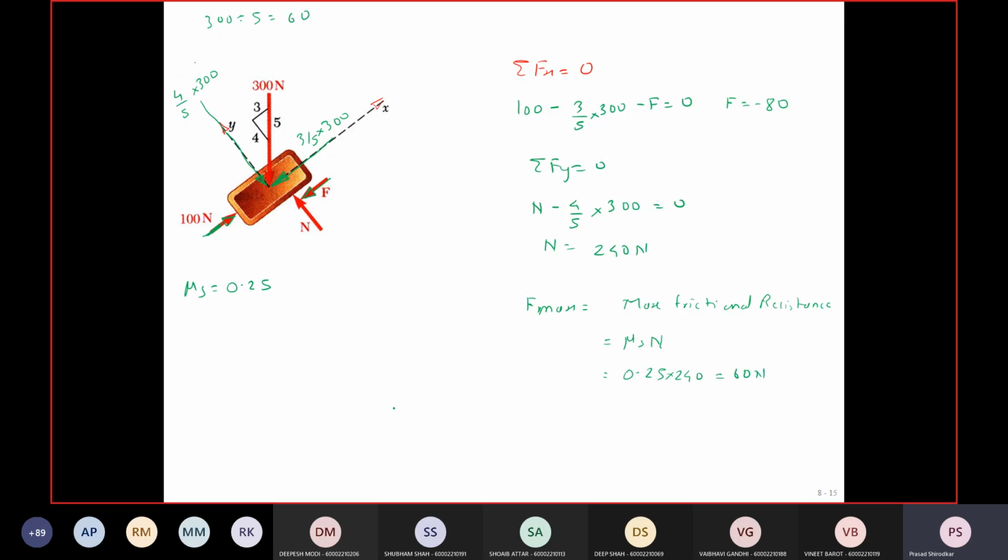So what will happen? Can somebody tell me what will happen? Will the block slide? Yes? No. Why not? See, f is minus 80, so whatever direction I have assumed is wrong.